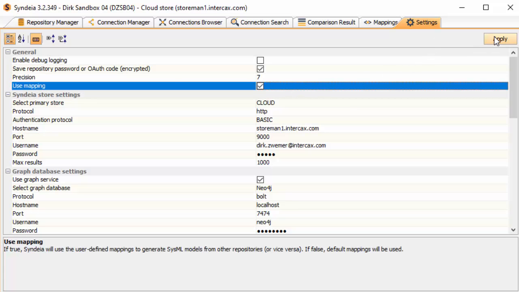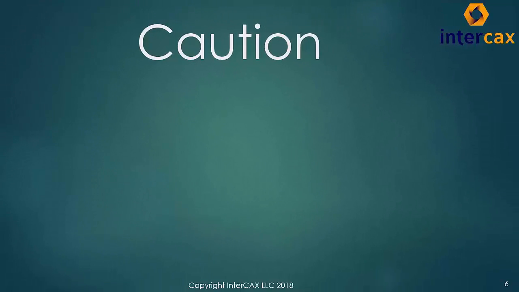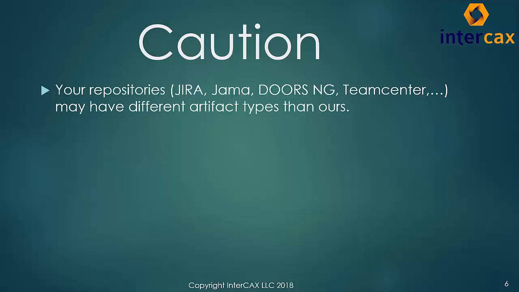Click Apply after checking. Several of the repository interfaces have a specific set of tutorials which describe using and creating custom mappings. An important word of caution. Your repositories are probably not identical to ours, so the specific instructions in these tutorials may not apply in your environment.